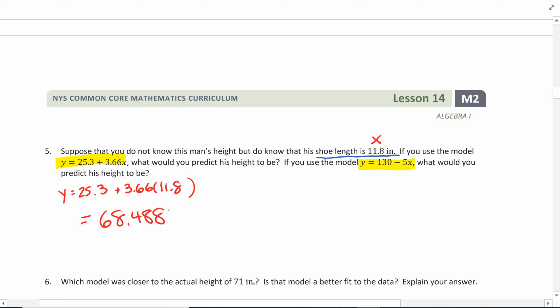And again, that's the predicted value. It's not his actual height. It's the predicted height based on the model we have.